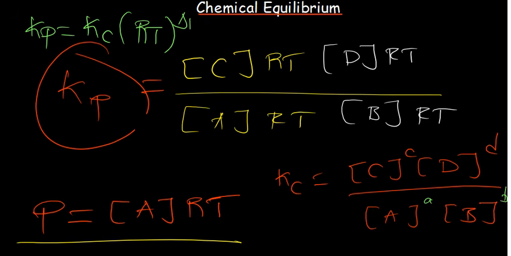So if you compare the two, you're trying to come up with a way in which these can be equivalent. In what way can we make them equal? Looking at what we have, you realize that the difference is based on the powers c and d, a and b. So you're trying to think of something that you can multiply with Kc to make up for everything that you have.